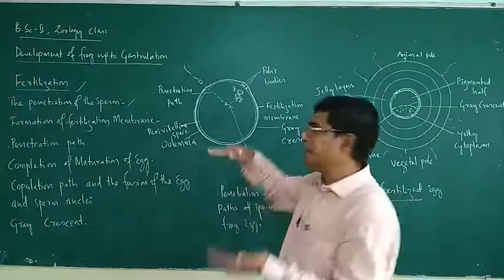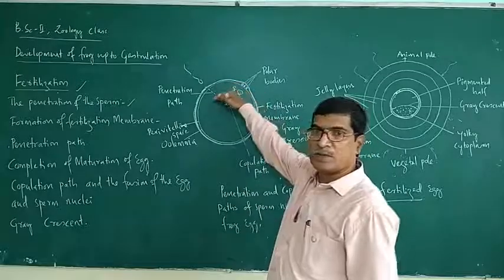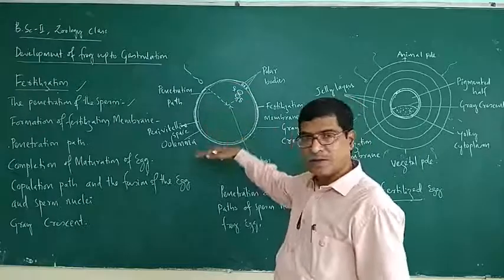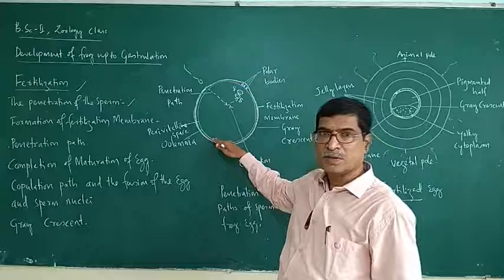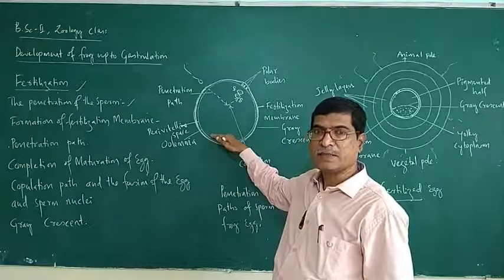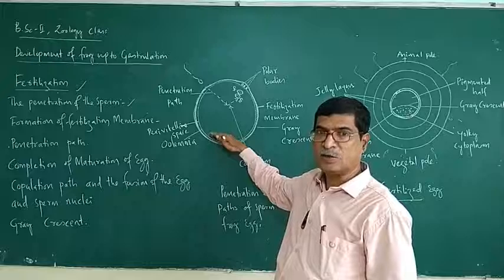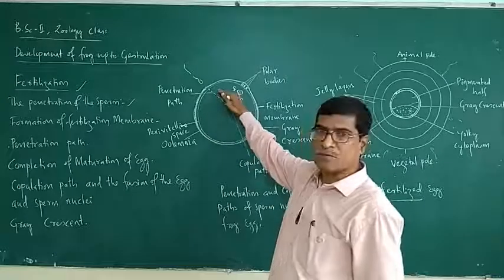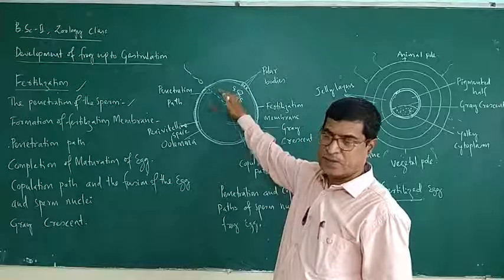The lighter part of the egg comes to lie at the top. The heavier part of the egg comes to lie at the bottom. The lower part of the egg has yolk. The yolky part is heavier than the part where yolk is less.